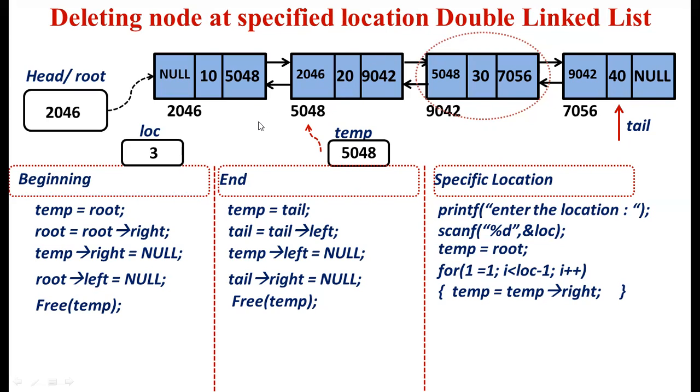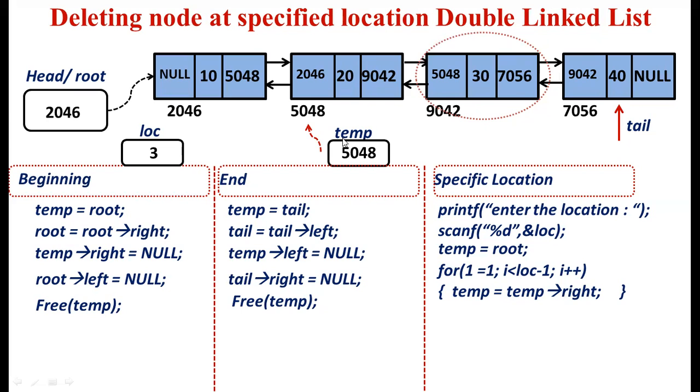Okay. Now what do we have to do? We have to disconnect this particular node, and this node should be connected to this node, and this connection should be like this to this node. So here we have to make the connection like this. This address 7056 value, we have to store it here.